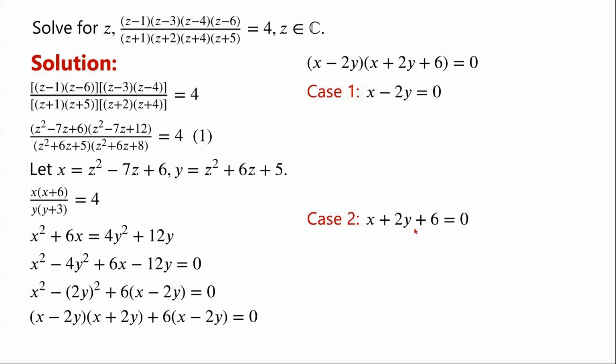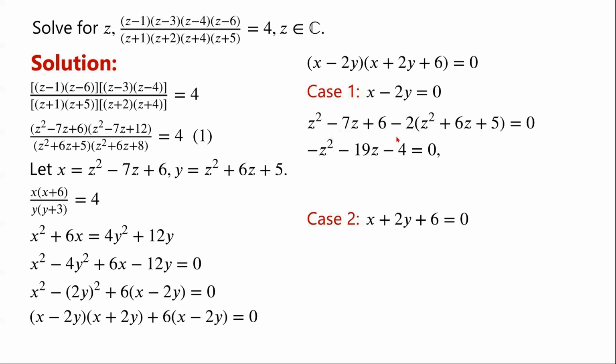For the first case, we substitute x equals z squared minus 7z plus 6, and y equals z squared plus 6z plus 5 into the equation x minus 2y equals 0. This yields z squared minus 7z plus 6 minus 2 times z squared plus 6z plus 5 equals 0. Z squared minus 2z squared results in negative z squared.